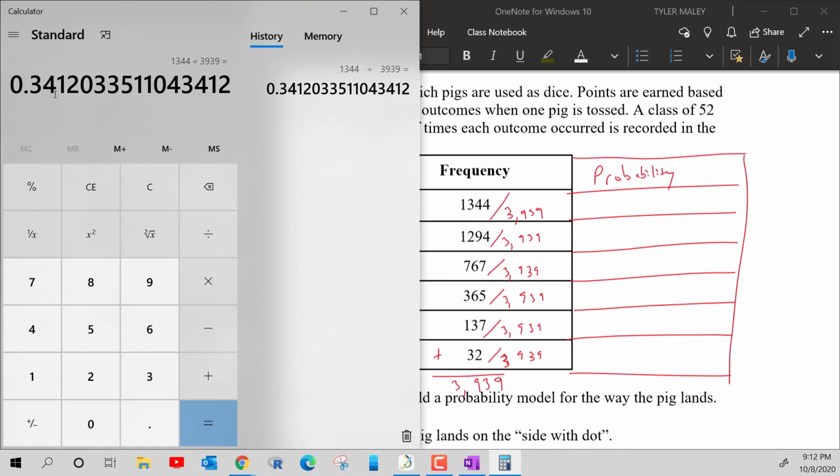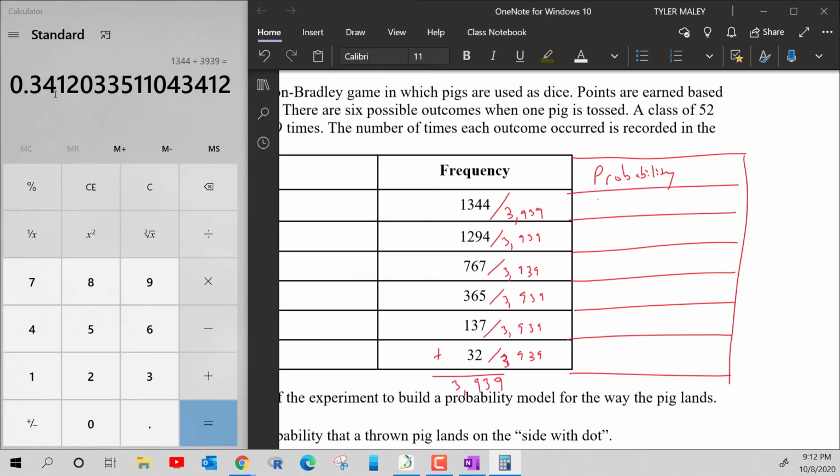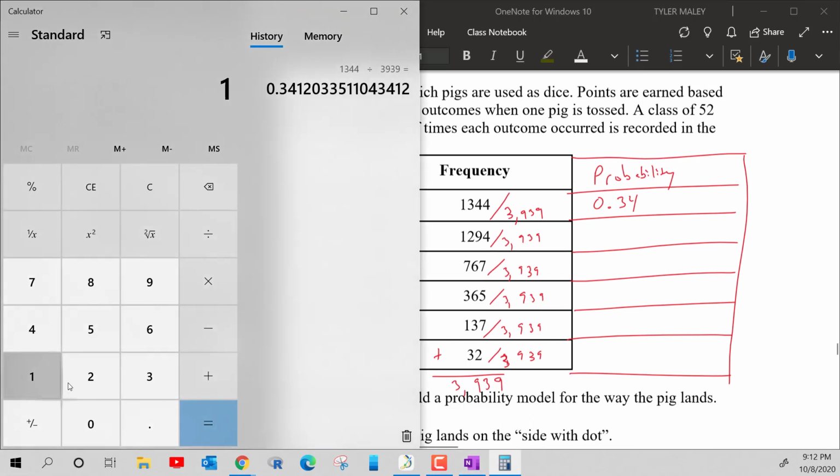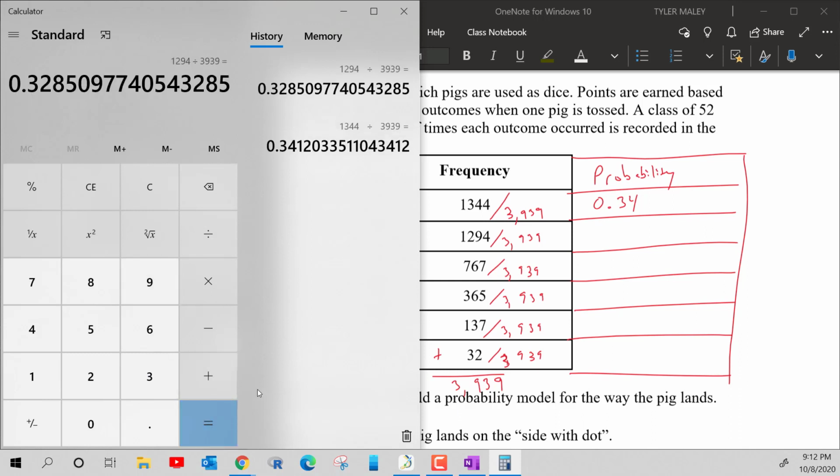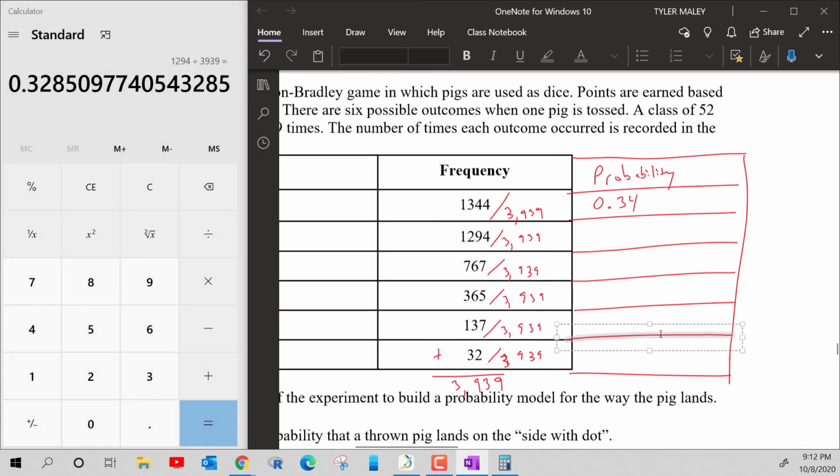I'm going to round to just 2 decimal spots, so I would do 0.34, and notice I'm rounding here. Then next, I would take 1,294 divided by 3,939. So I get roughly 0.33.